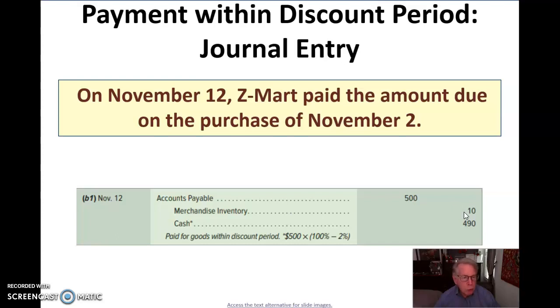We reduce our inventory. It's not a separate account called discounts or something like that. We are showing our inventory at what we paid for it. Very important concept here. So don't get confused on that. When we pay this within the discount period, that discount, that $10 in this example, we reduce our merchandise inventory with a credit of $10.